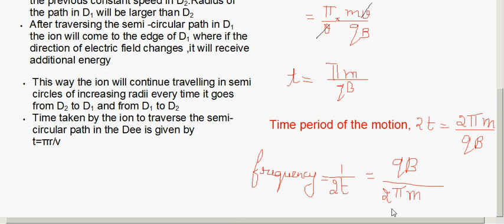This frequency we call the cyclotron frequency, and the important thing is that it is independent of the radius of the semicircular path, and also independent of the velocity of the charged particle.